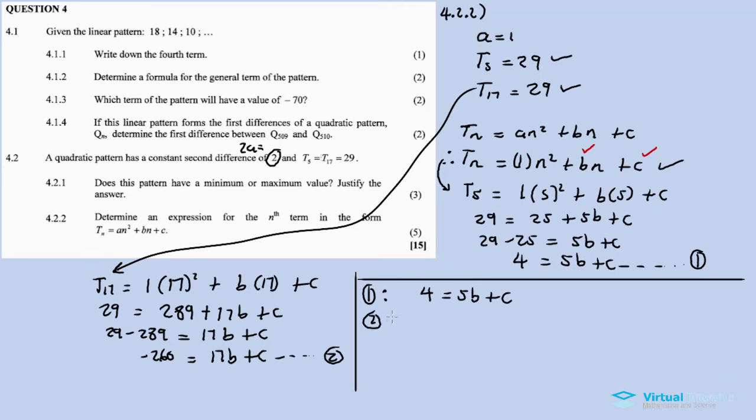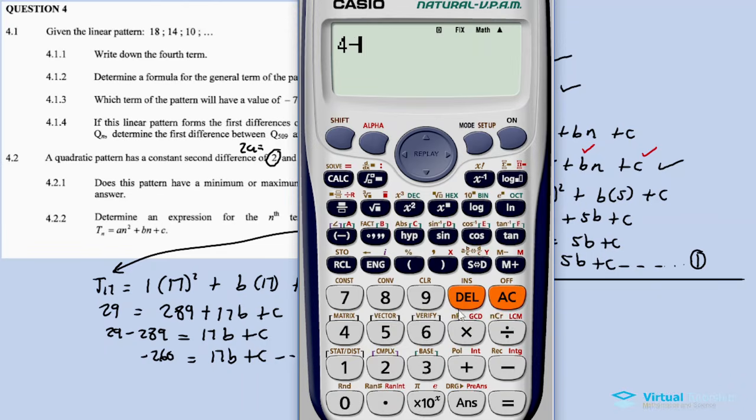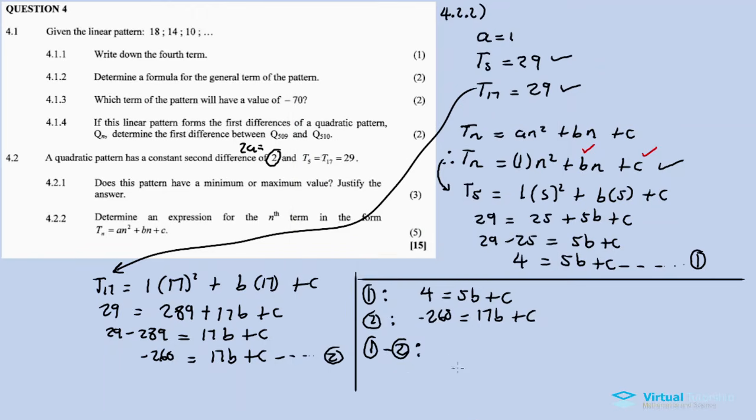Equation 2: negative 260 equals 17b plus c. With the elimination method I want to eliminate c, and be left with b, or vice versa, but it's easier to eliminate c than b. So we eliminate c in this case. We take equation 1 and subtract equation 2. 4 minus negative 260 is equal to 264.